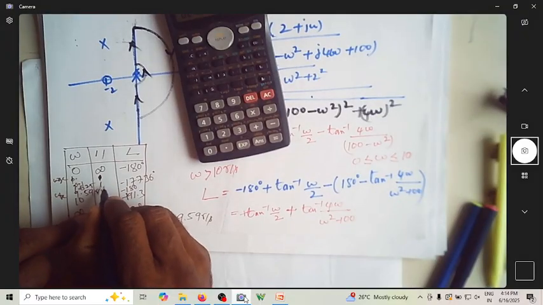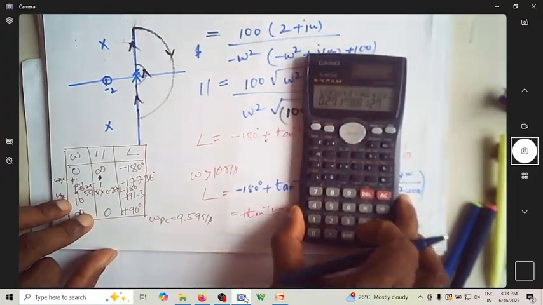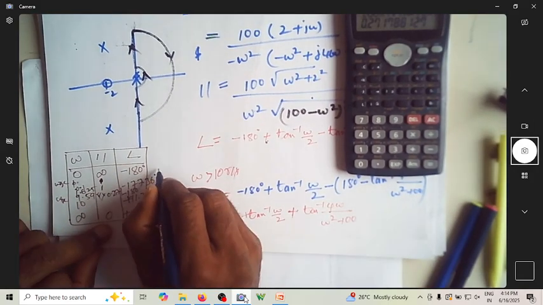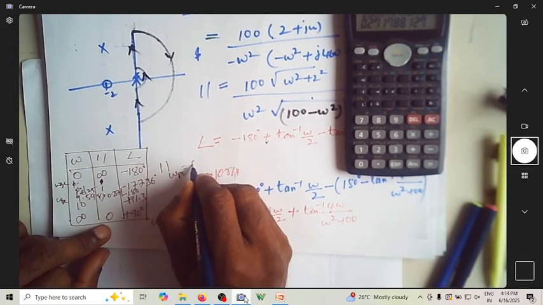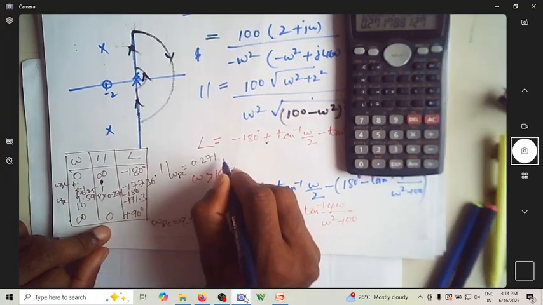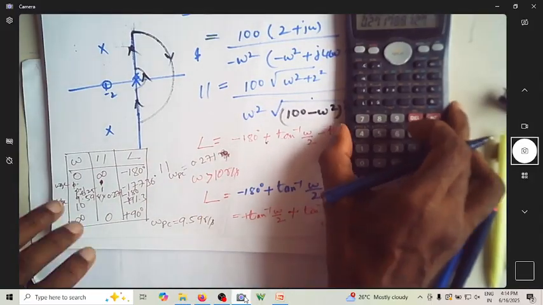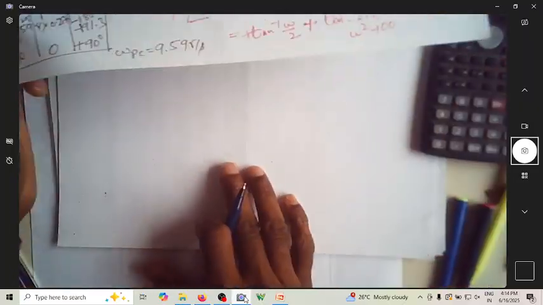Okay, I have it as 0.271. So at this magnitude at omega PC is 0.271, which is 0.271. Correct?